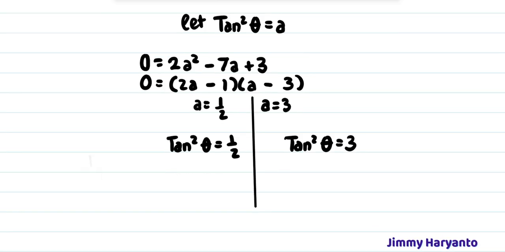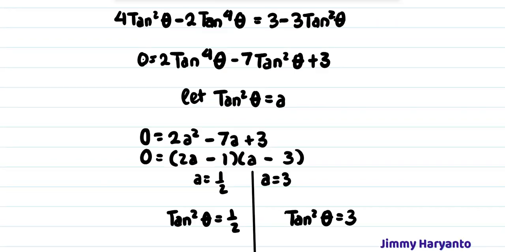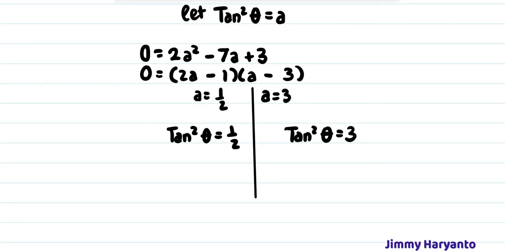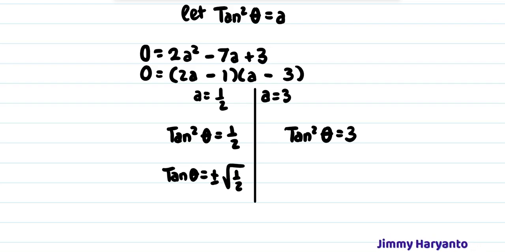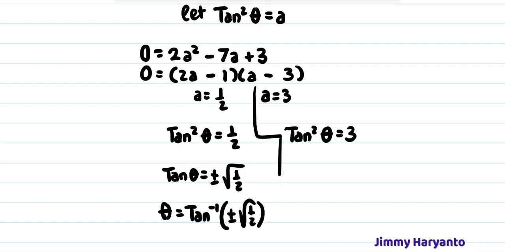Let's continue. So the next step is to take the square root. So tangent theta equals plus minus square root of 1 over 2. That means theta equals tan inverse of plus minus square root of 1 over 2. We will calculate this.